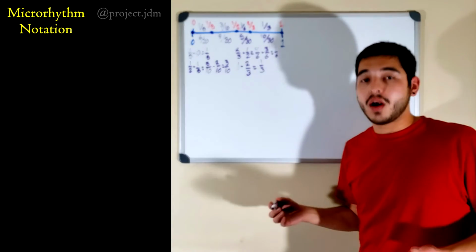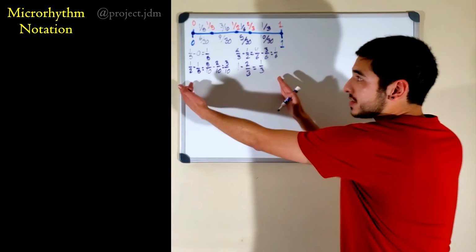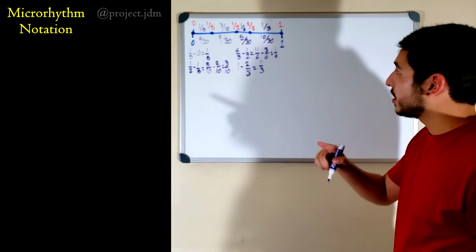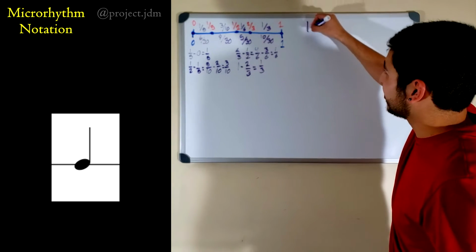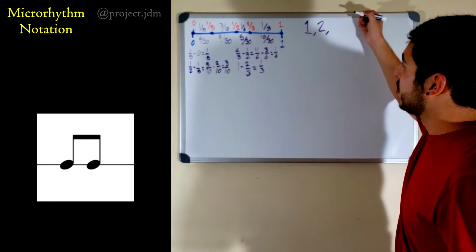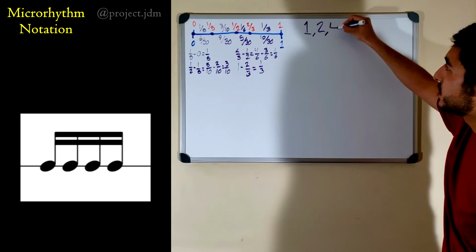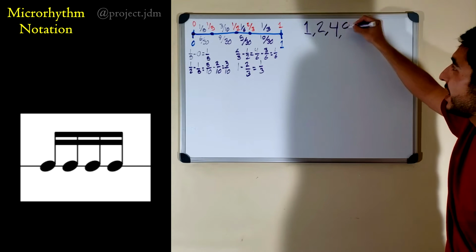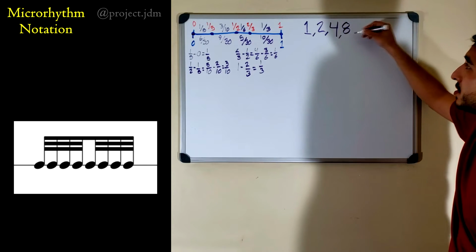But let's think, what are we familiar with? In the space of one quarter note, we can write one quarter note, right? Or we can write 2 eighth notes. Or we can write 4 16th notes. Or 8 32nd notes.